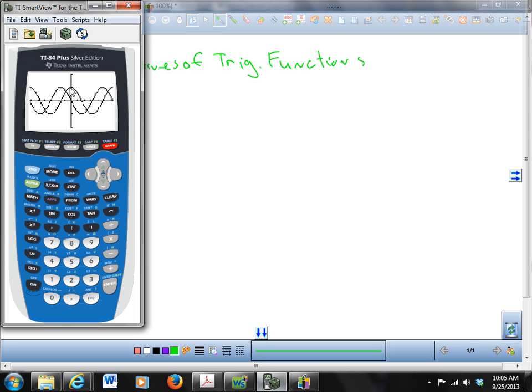Here we have the cosine graph. For those of you in the viewing audience, we had y equals cosine x, and then we graphed the numerical derivative of cosine x, and we found that it looks like negative sine of x.